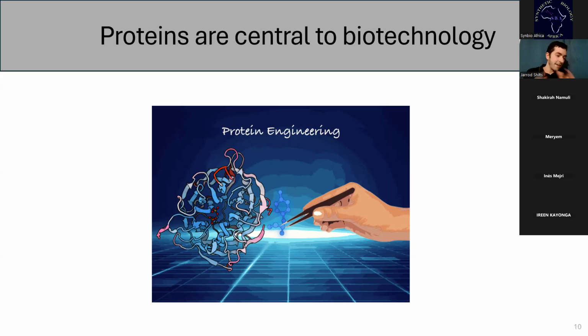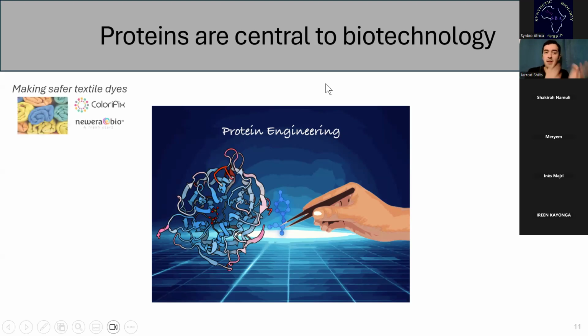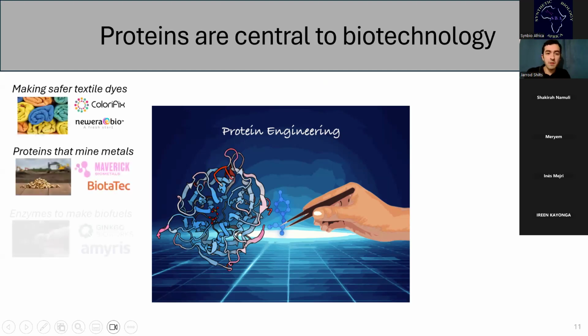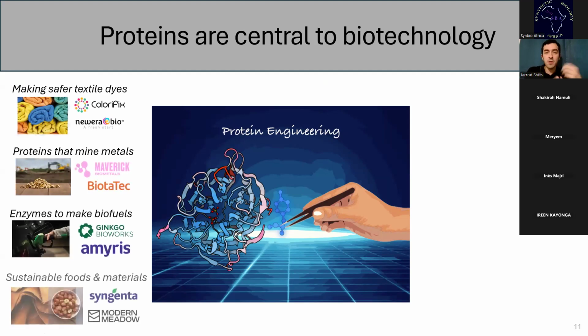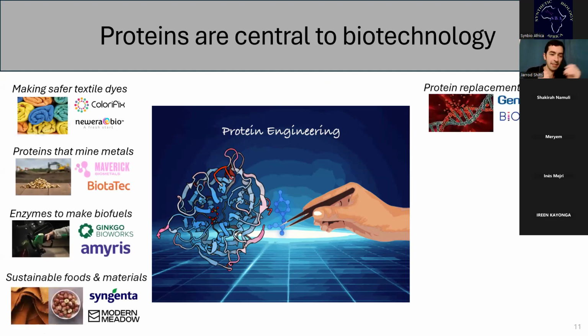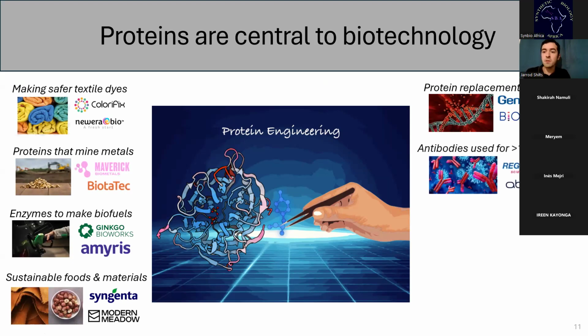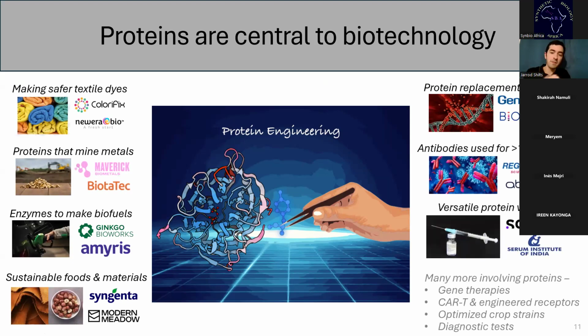And I think I hit on this a little bit, but in the biotechnology industry especially, since I know some of you are keen to learn more about my experience there and what it's like in biotech, proteins are really quite central. I have a little collage of some examples: ways you can replace harmful dyes with proteins, even mine metals with proteins that break up rocks, make next generation biofuels and sustainable foods, and then a whole bunch of things on the medical side, treating rare diseases with proteins.